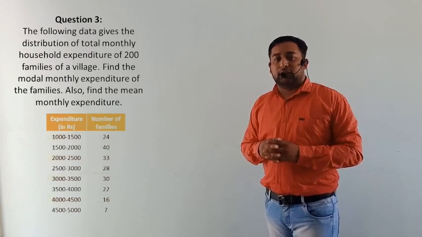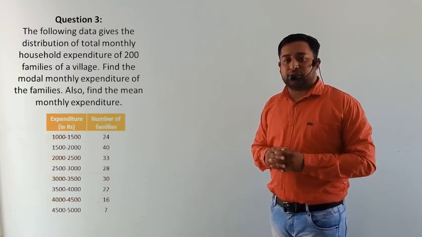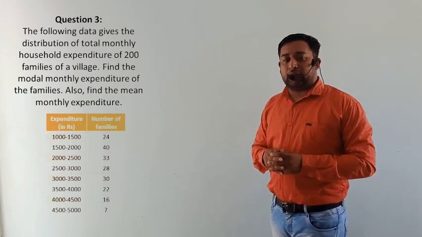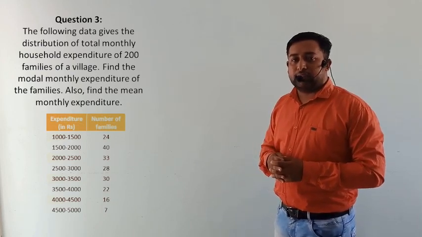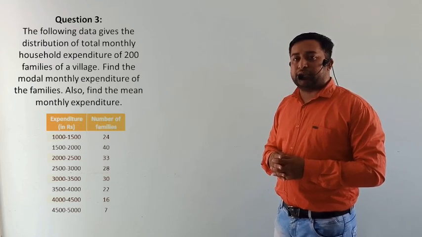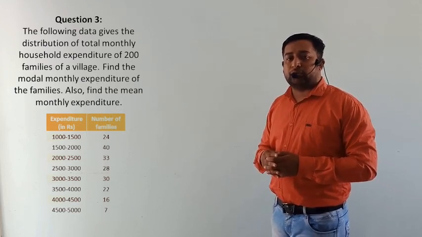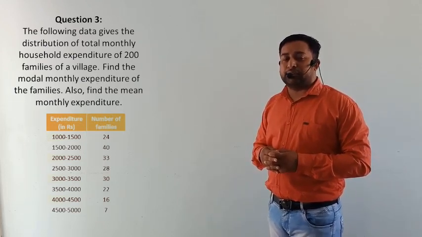Now to the third question. What is our third question? The following data gives the distribution of total monthly household expenditure of 200 families of a village. Find the modal monthly expenditure of families. Also find the mean monthly expenditure.